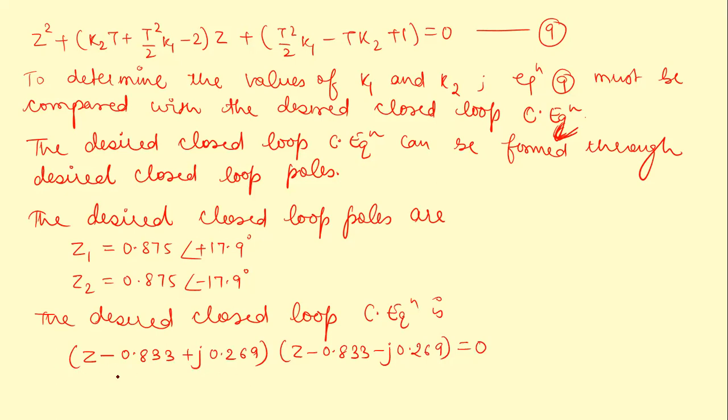On simplifying this equation, we'll get z square minus 1.67z plus 0.77 is equal to 0. This is, for example, your equation number 10.